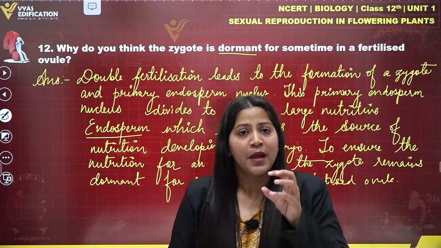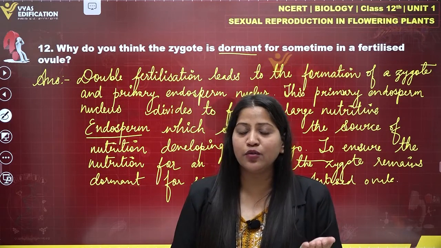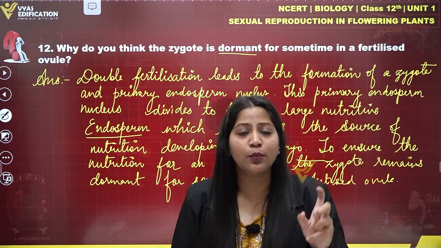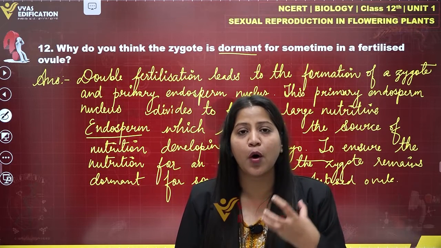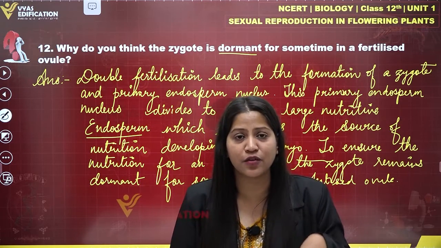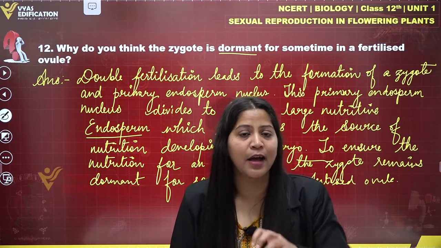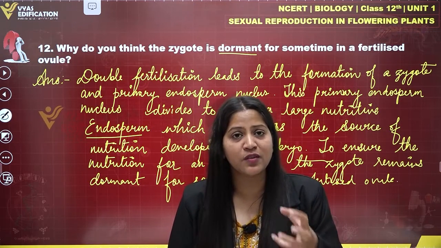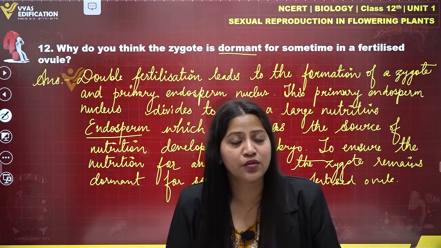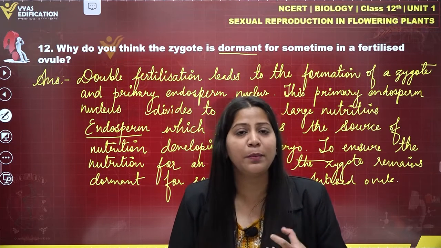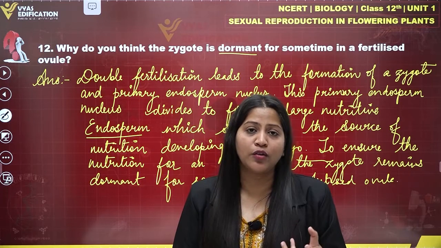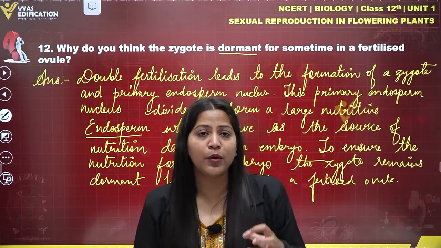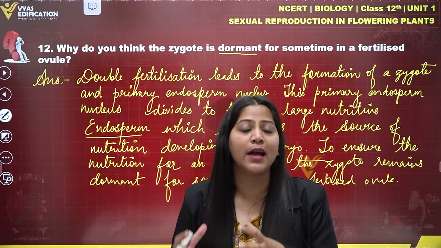So what happens when syngamy occurs? It leads to the formation of a zygote. Soon after becoming a zygote, it will not undergo mitotic divisions to form an embryo. It will remain in that stage for some time, so that the primary endosperm nucleus, which resulted from the fusion of three nuclei in triple fusion, can divide mitotically to form a large nutritive tissue, so that the developing embryo can have sufficient nutrition from that endosperm.